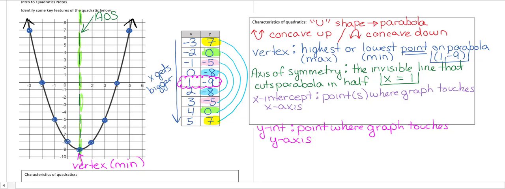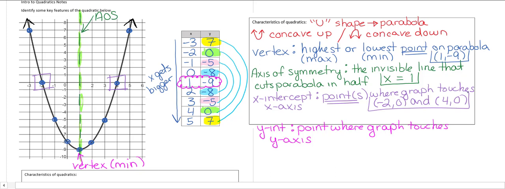Something that's different from parabolas to lines is that a parabola, in this example, has two x-intercepts. So again, we say that the x-intercepts are the points where a graph touches the x-axis. So in this case, our x-intercepts are (-2, 0) and (4, 0), right? Those are our two x-intercepts here.